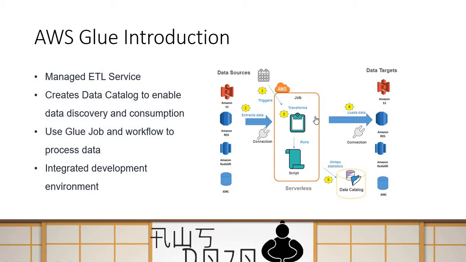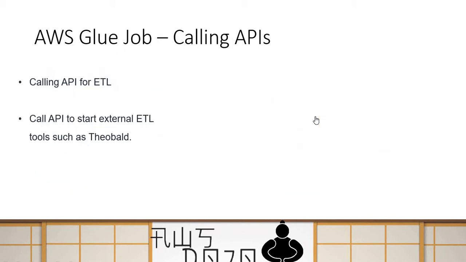But there are scenarios when you want to call APIs from the Glue, and in such case where you want to actually call API, extract data from the API, and then transform and load. Though API is not a very ideal way to extract data for a simple reason, it is HTTP call and big size of data could be a challenge.